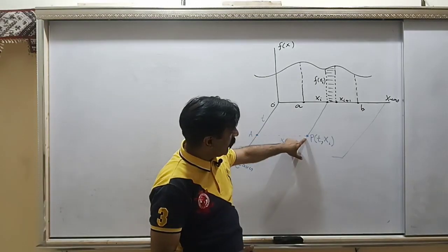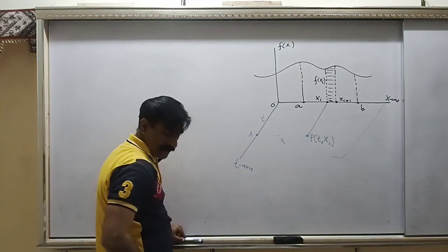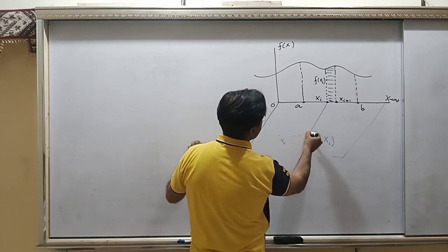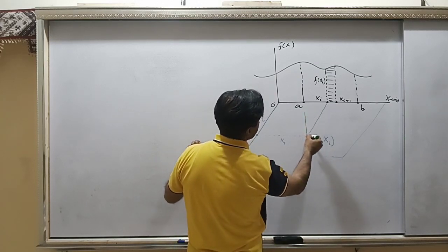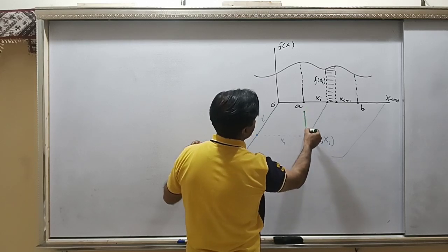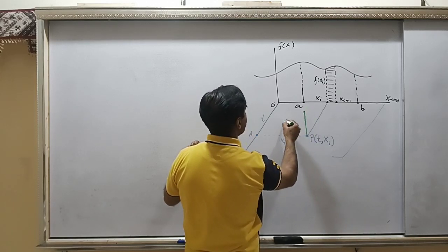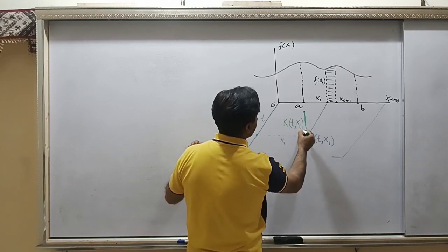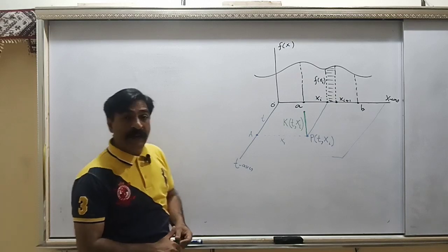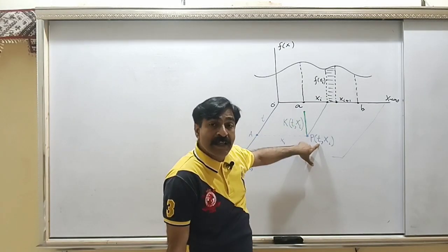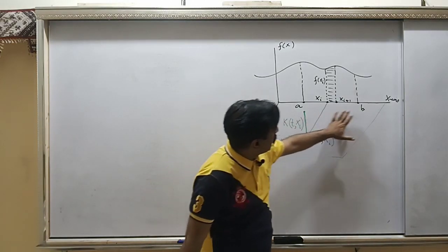And at this point, the value of the function is this. Let's plot it. This is this green line. This is, for example, the value of the function k at point t xi. So this is the value of the function at a point t xi.